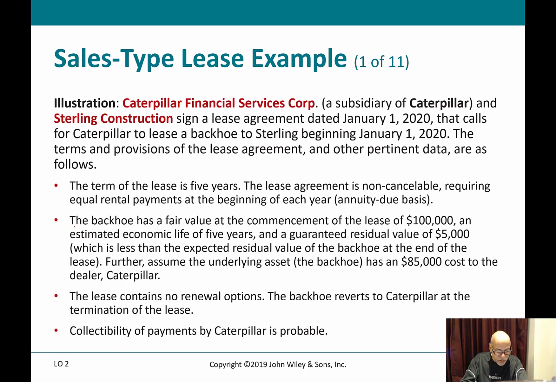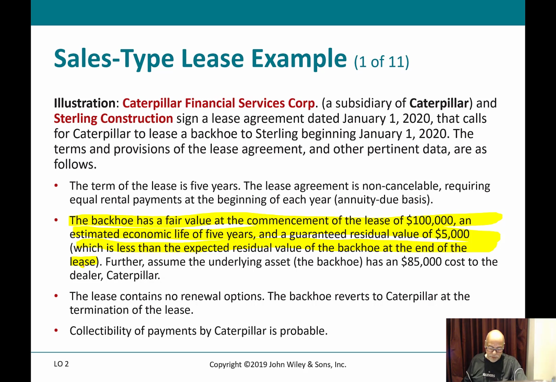Let's go ahead though and take a look here. The backhoe has a fair value at the commencement of the lease of $100,000, an estimated economic life of 5 years, residual value of $5,000, which is less than the expected residual value of the backhoe at the end of the lease.